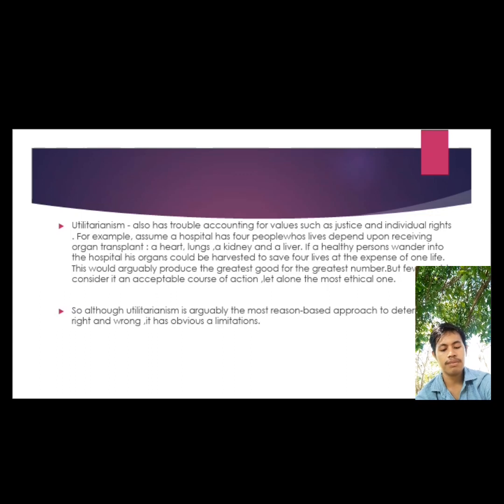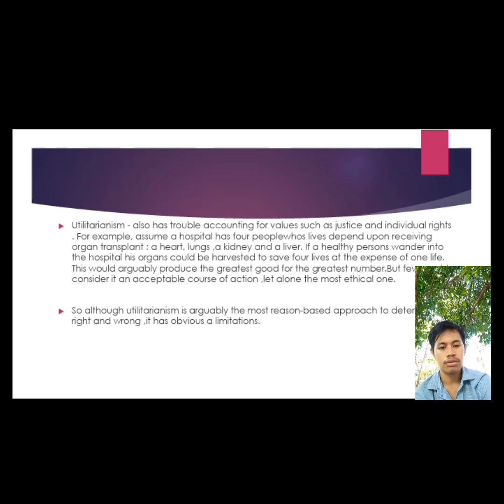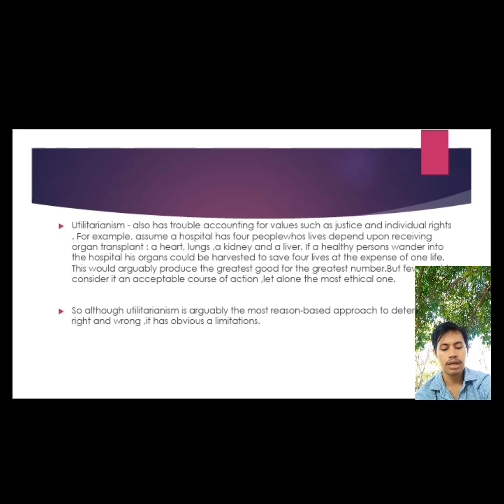This would arguably produce the greatest good for the greatest number. But few would consider it an acceptable course of action, let alone the most ethical one. So, although utilitarianism is arguably the most reason-based approach to determining right and wrong, it has obvious limitations.